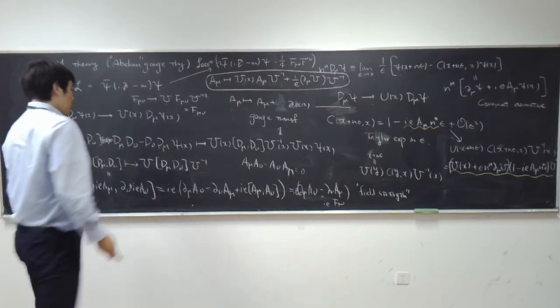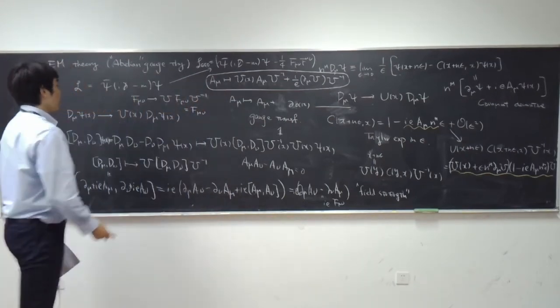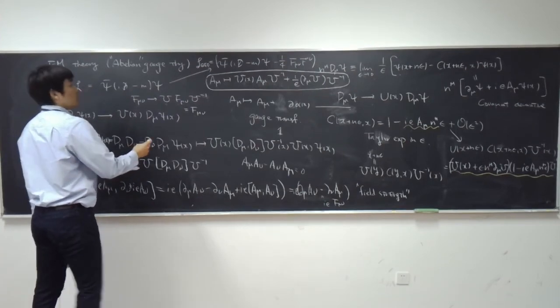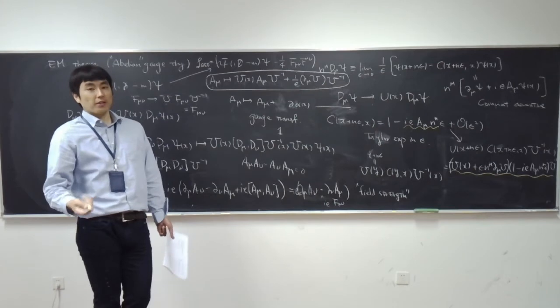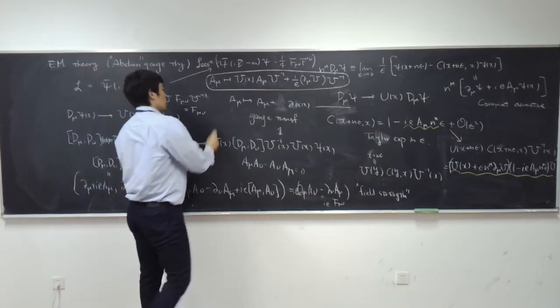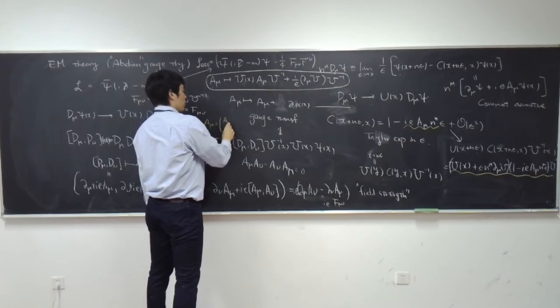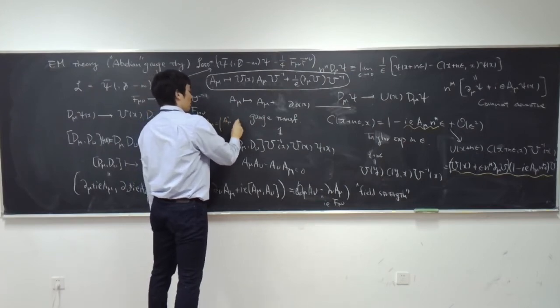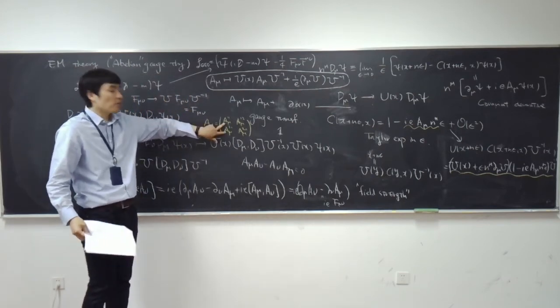However, from now on we will think of A as taking a matrix value. For instance, A mu takes the following form: A mu 1, A mu 2. So A mu just stands for this matrix value.